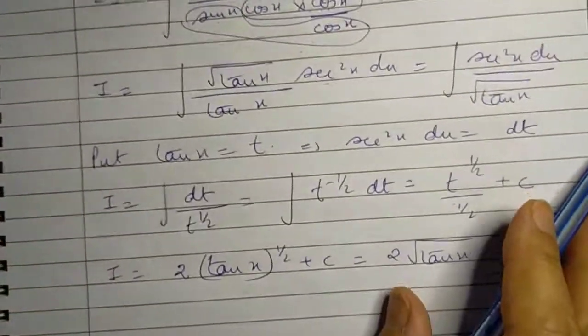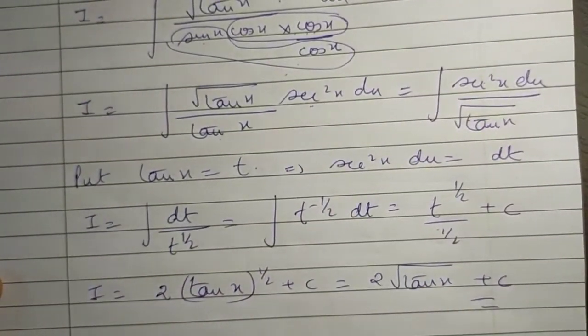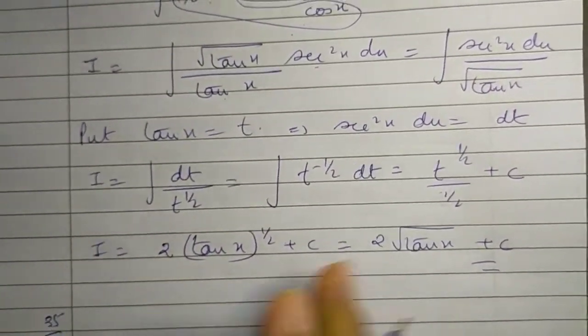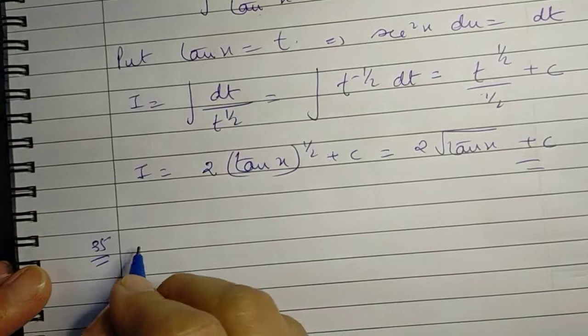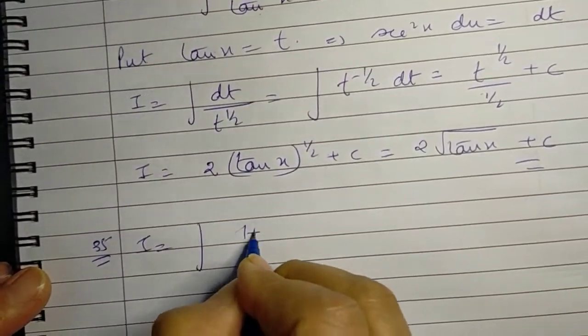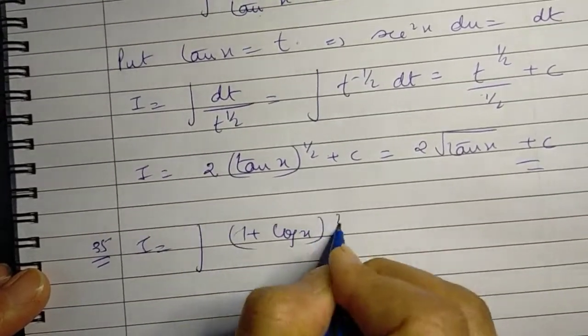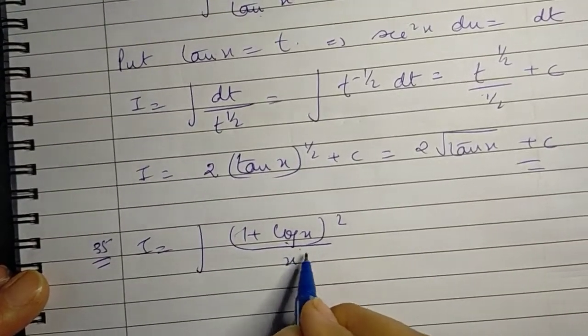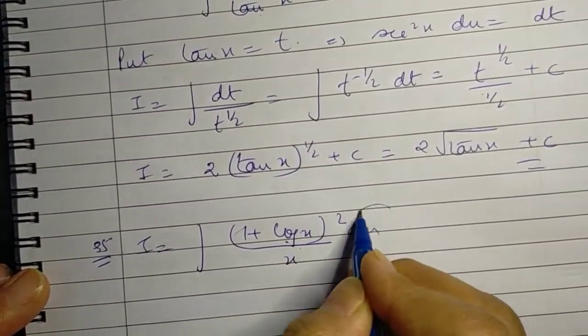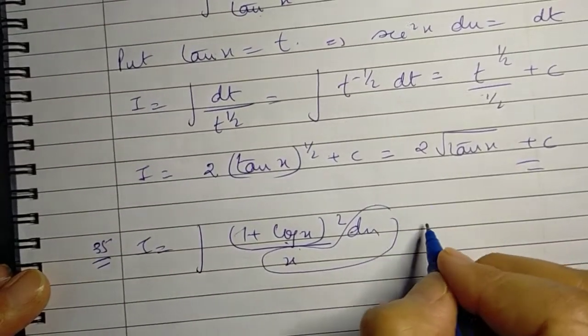Okay, now the next question in the exercise is question number 35. It's a basic question, can be done very easily. What is it? I is equal to 1 plus log x whole squared over x. Very obviously, if you put the inner function as t, 1 upon x dx gets absorbed, and this can be solved.